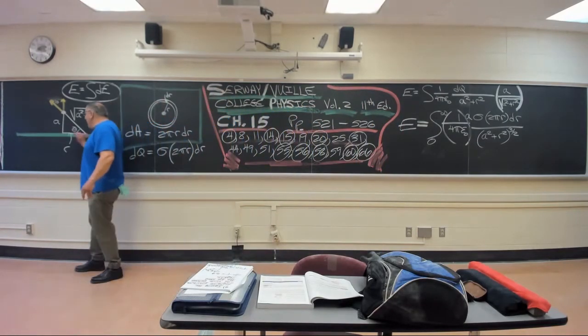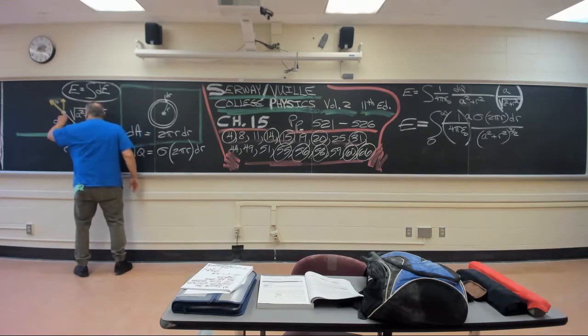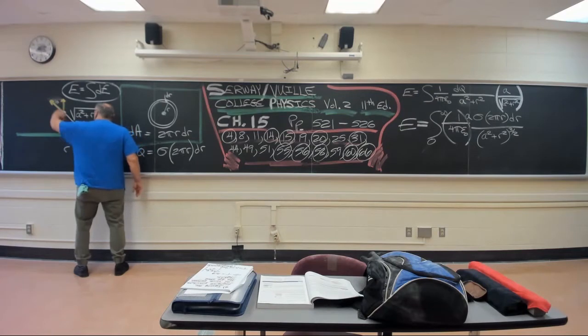If these are all positive charges right here, and this is a positive test charge, the positive test charge would want to fire this way because of a differential element of positive charge here. Positive charge here, positive charge there. This differential element would want to push this positive test charge that way.